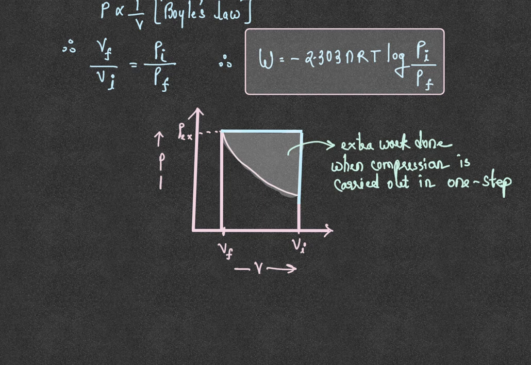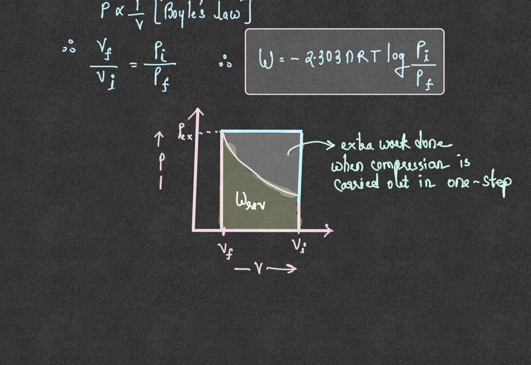This is the reversible work. This is W reversible. So W reversible is very, very less during compression as compared to when the same work is done in one step. Right?